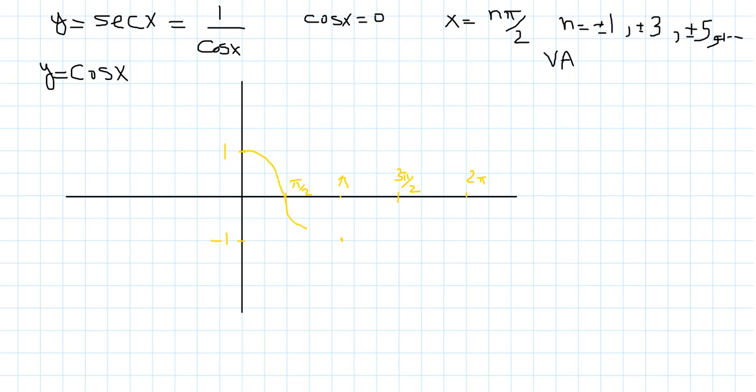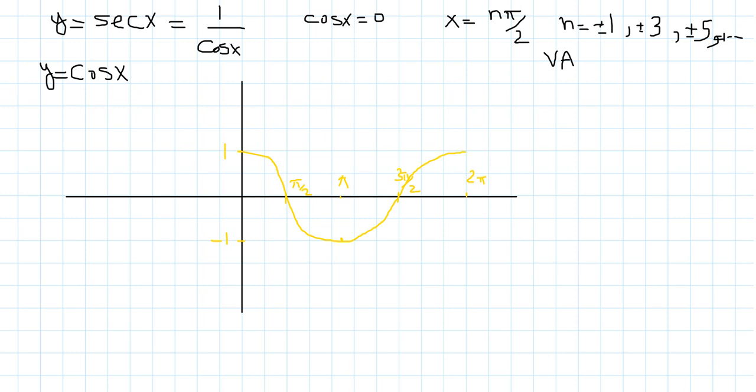So I draw this graph between 0 and 2 pi. Now I want to draw the graph of secant x.